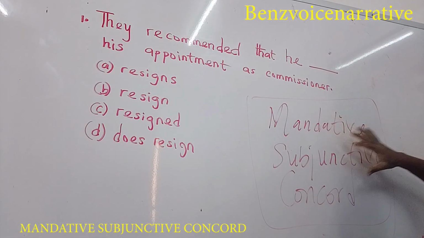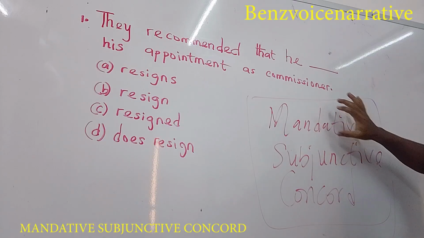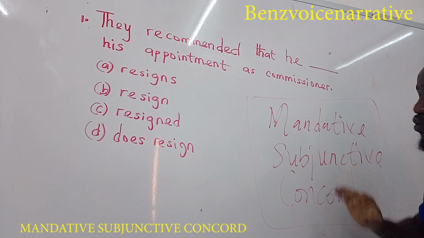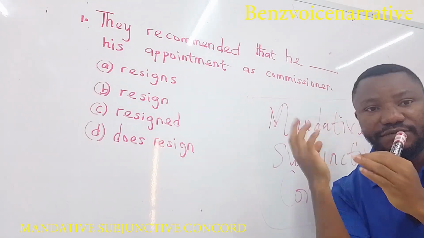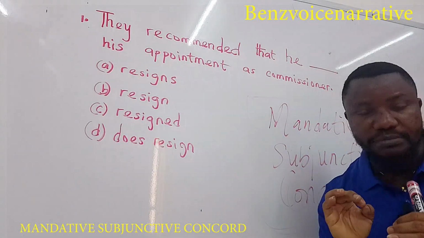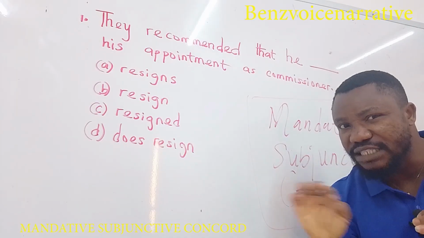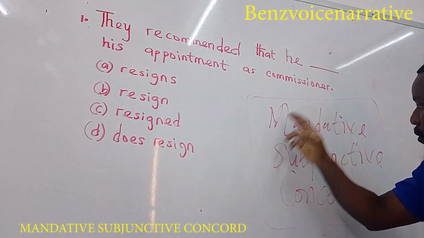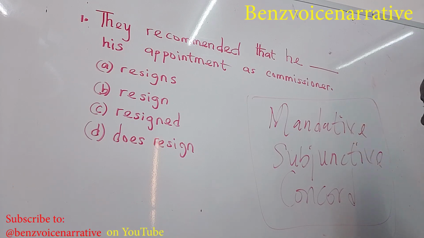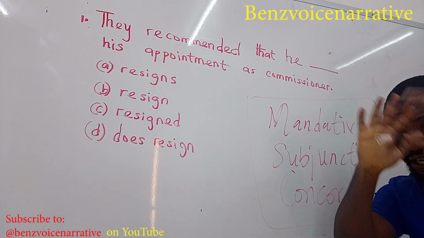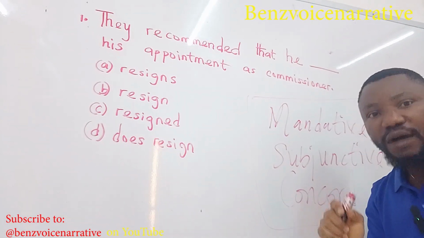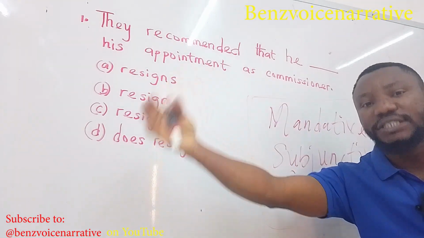Now, coming to mandative subjunctives. The difference between mandative subjunctive concord and subjunctives is that mandative subjunctive concord will always have its verb in the base form. For subjunctive expressions in general, the verb will be either in the past or in the past participle.